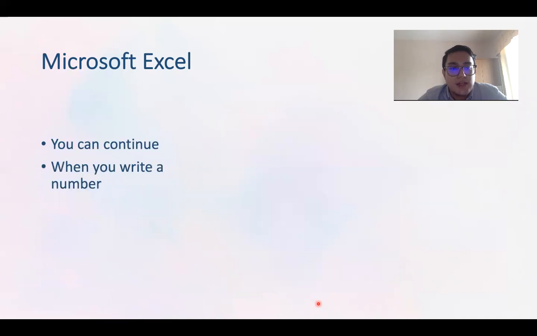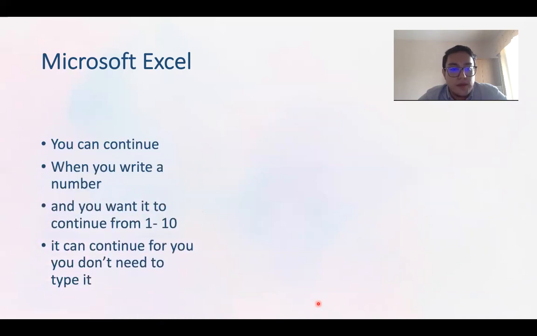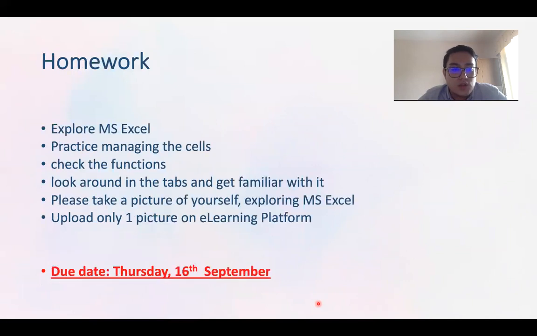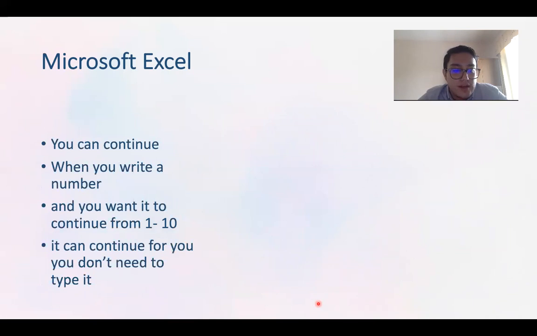Next, when you write a number and you want it to continue from 1 to 10, for example, it can continue for you and you don't need to type it.